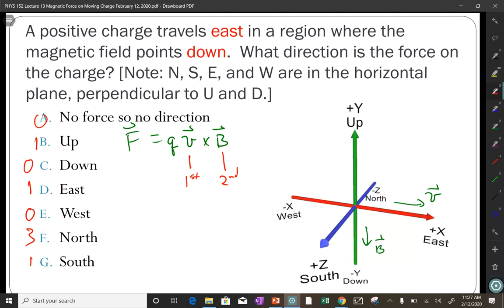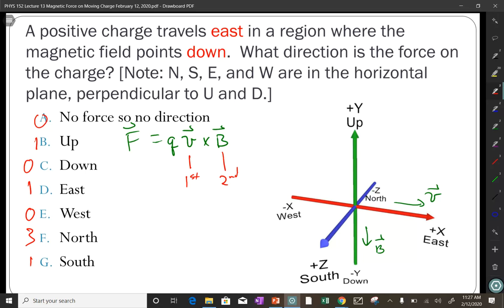Then the middle finger needs to be the direction of the magnetic field. So I need to rotate my hand so I can point my middle finger down. And then what direction is my thumb pointing? North.